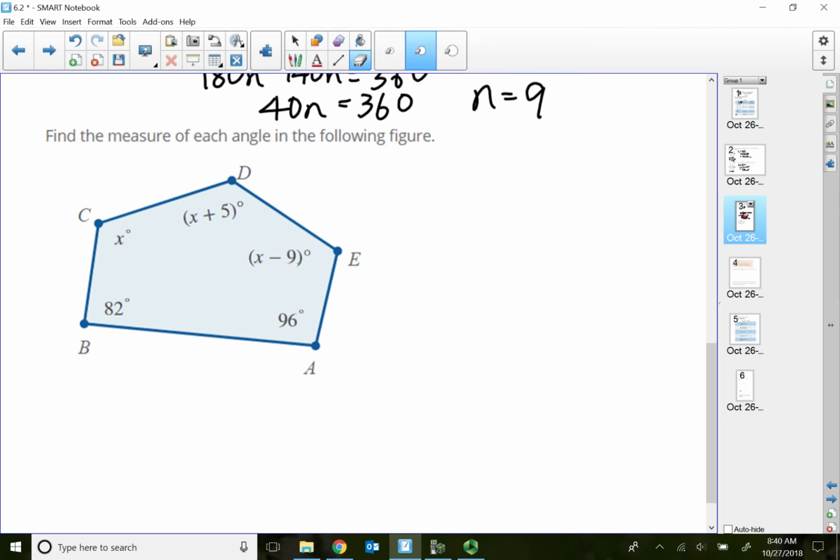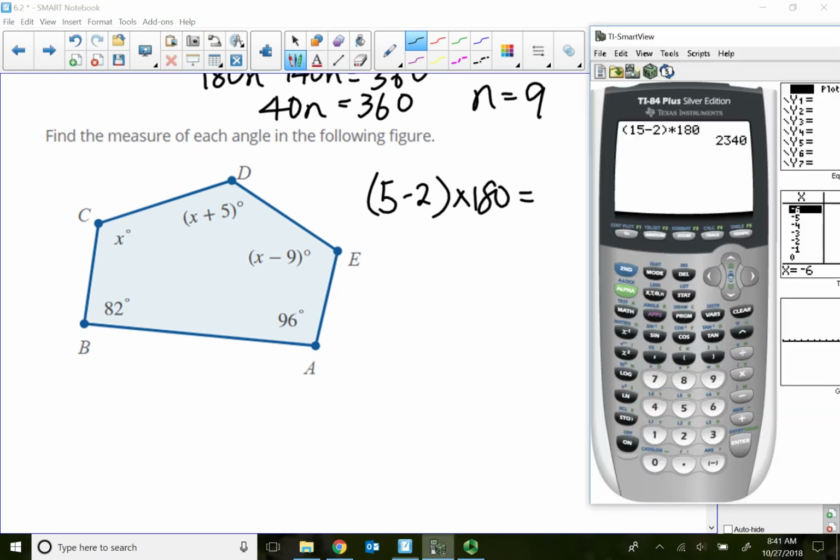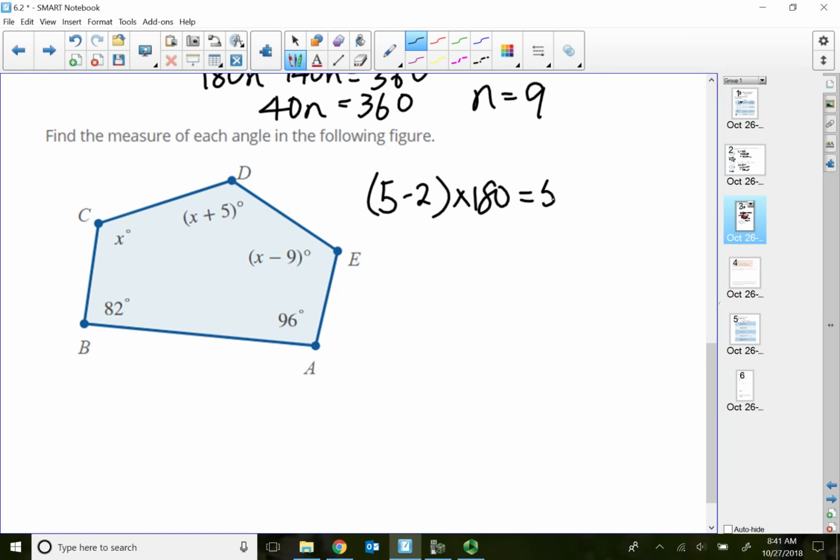Once I know that, I can set up my equation. If I take 5 minus 2 times 180, this gives me the sum of all 5 interior angles: 540 degrees for the pentagon.